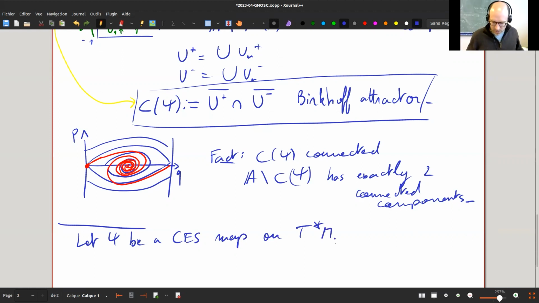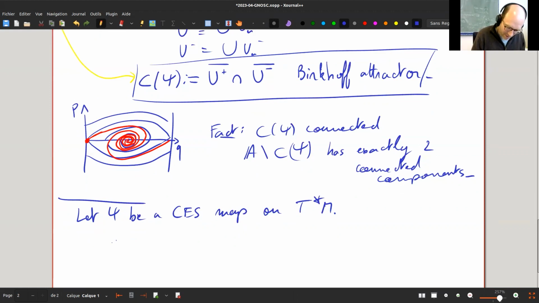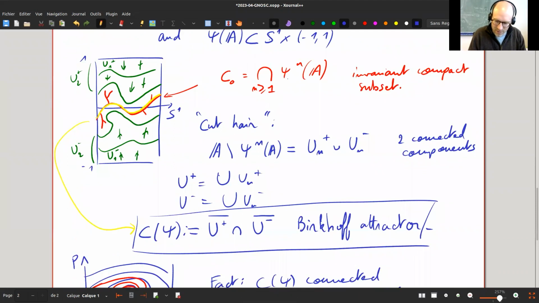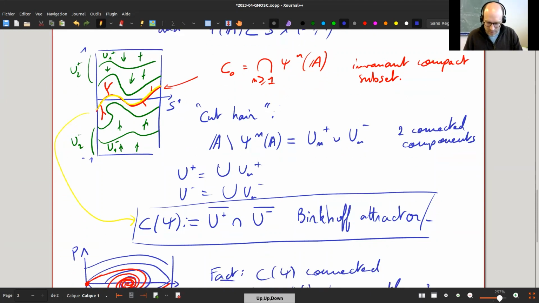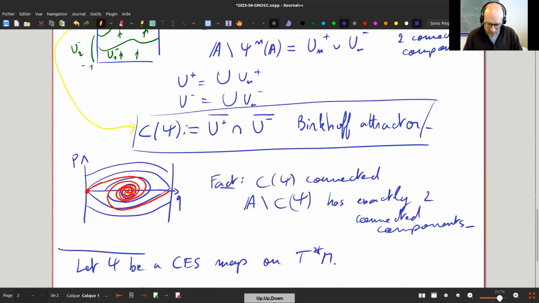It's kind of clear that the construction we just saw doesn't apply directly. For example, we can consider C0, which is well defined. C0 was this set here, the intersection of all the psi^n of this bundle. This is well defined, and you get something invariant.